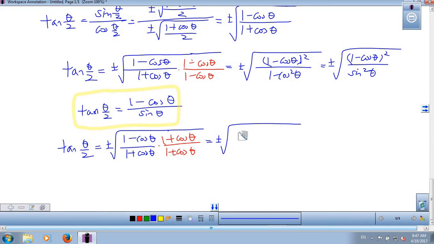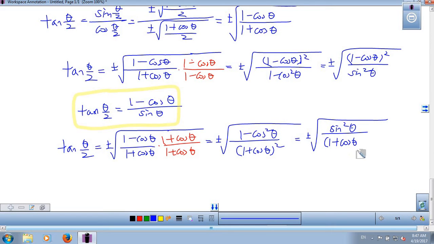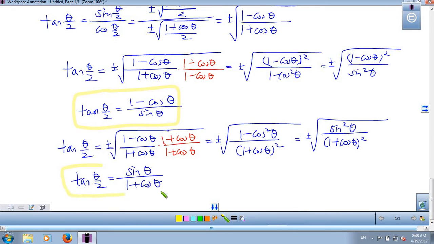The top becomes 1 minus cosine squared theta, because it's 1 minus cosine times 1 plus cosine. The denominator is 1 plus cosine theta to the second power. So this becomes plus minus square root of sine squared theta on top, and 1 plus cosine theta quantity squared on the bottom. After we take the square roots, it will become sine theta divided by 1 plus cosine theta. So this is an equivalent form of tangent of theta over 2.